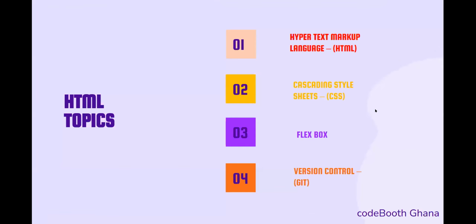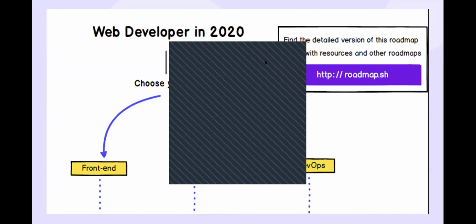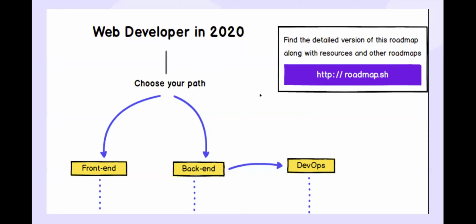Okay, so JavaScript has a lot of frameworks, and these are some of them. We have React JS. That's a framework, or even React. We don't consider React as a framework; we call it a library of JavaScript. Then another one is Angular JS.